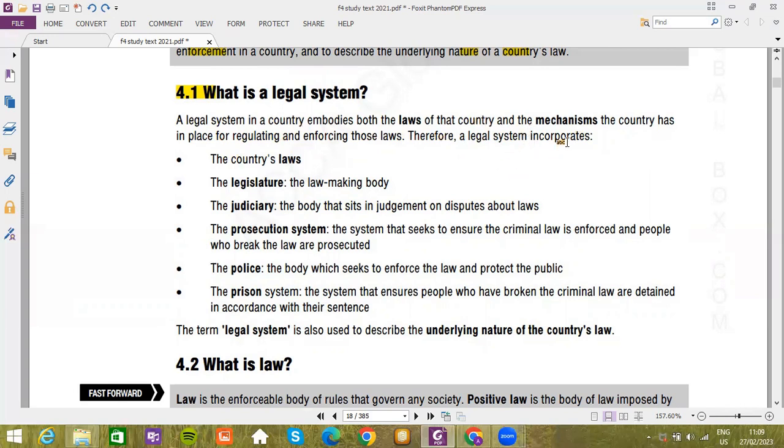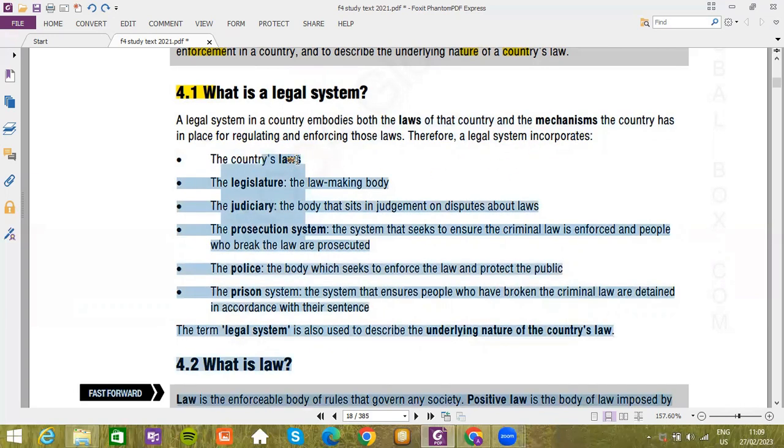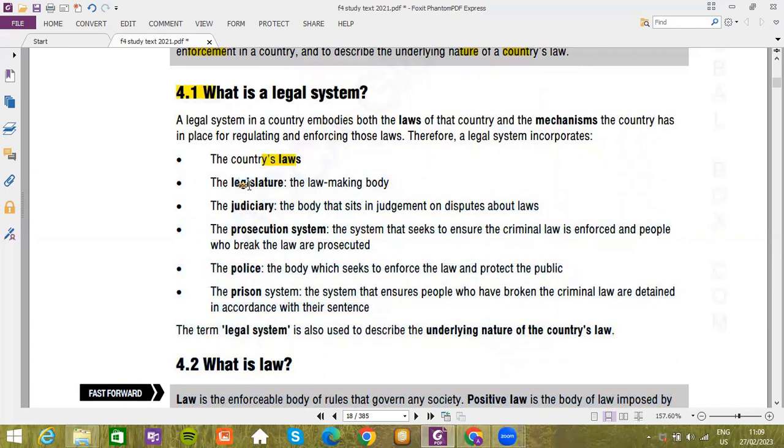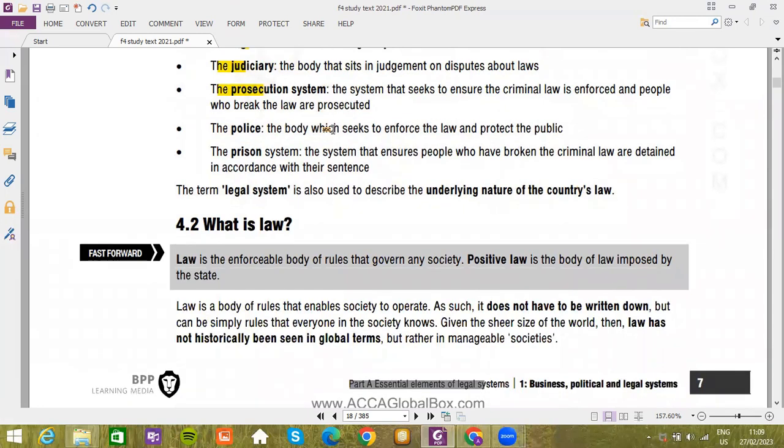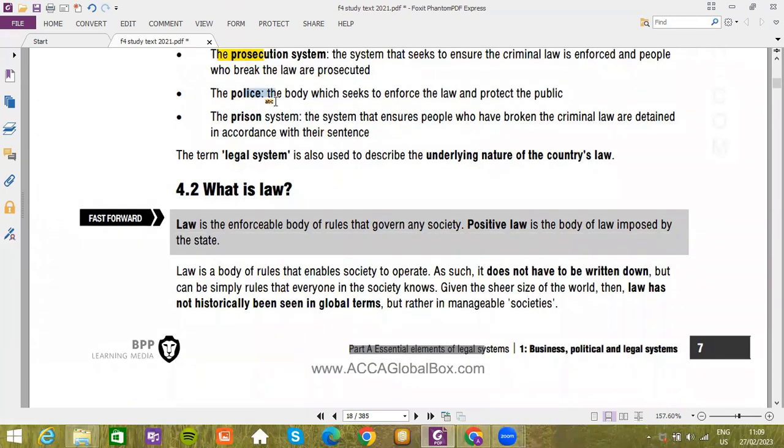Therefore, a legal system incorporates the country's law, the legislature, that is a lawmaking body, the judiciary, the body that sits in judgment on disputes about laws, the prosecution system, that is the system that seeks to ensure that criminal law is enforced and people who break the law are prosecuted. The police is a body which seeks to enforce the law and protect the public.